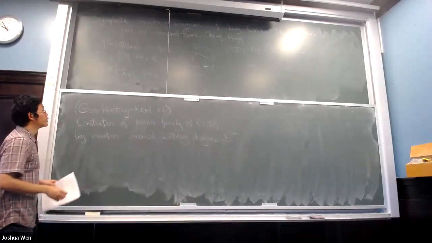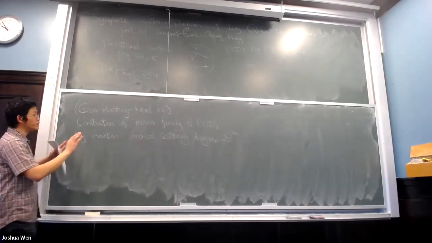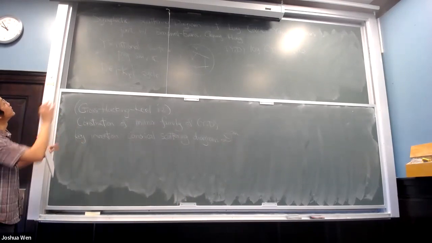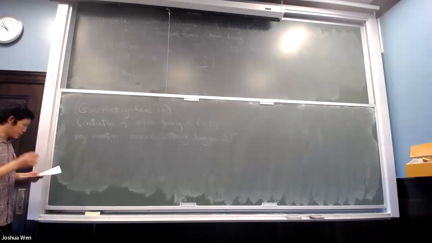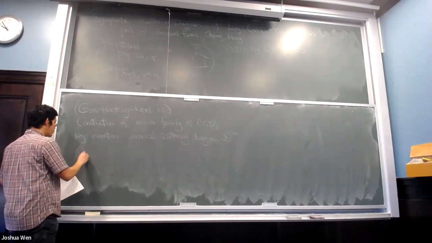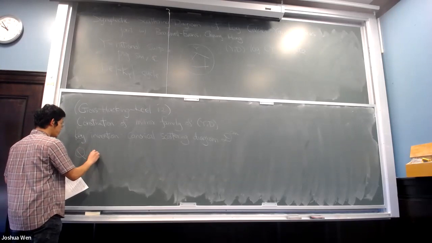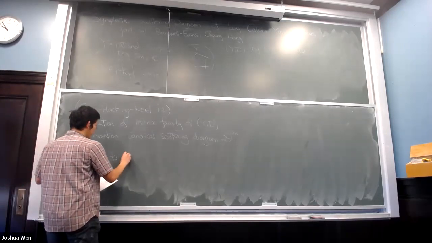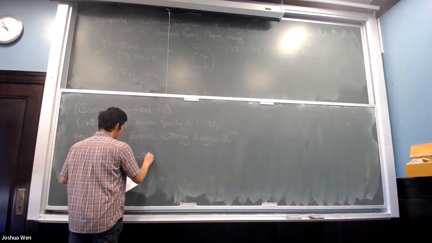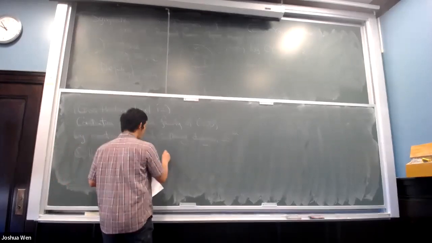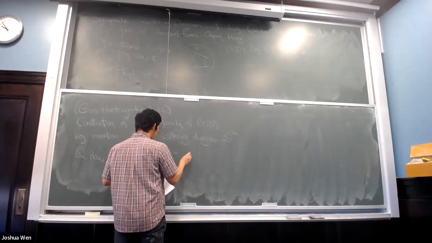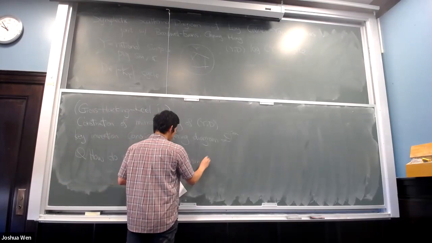I'll explain what a scattering diagram is, as this is one of the keywords in the title. The main goal is to answer how we get this data from symplectic geometry.